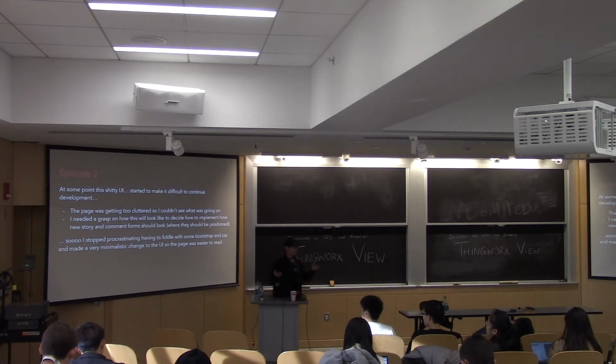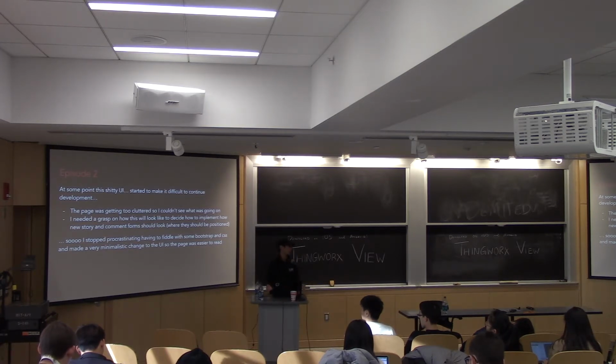And so the page is getting cluttered, and I couldn't see what was going on, and I needed to get a better grasp of how the UI is going to eventually look, so that I can implement new features correctly, in a sensical place.